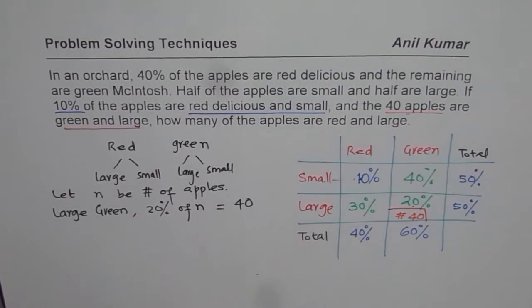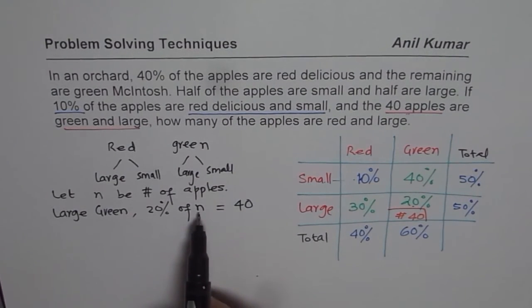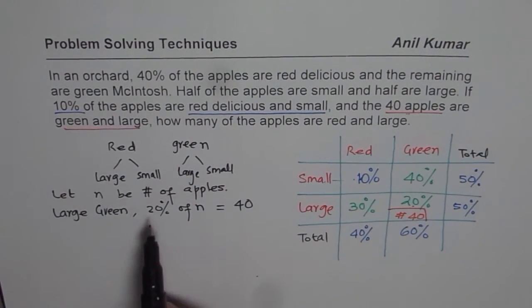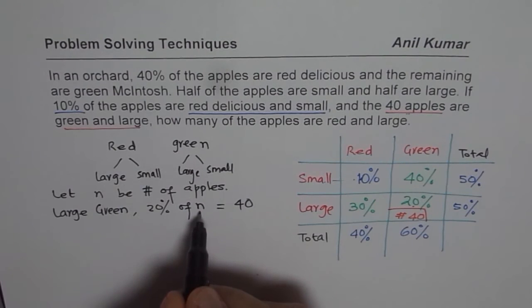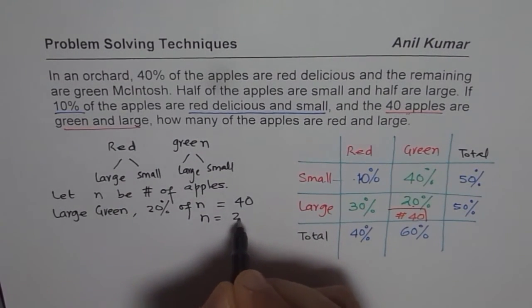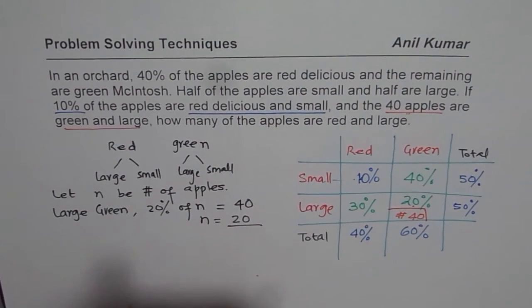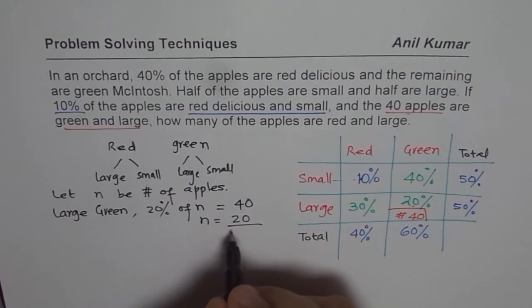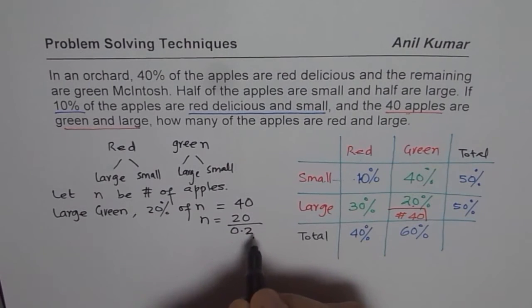So that helps to find what n is, right? 20% is 20 over 100 or 0.2. Right? So from here we can say n is equal to 40 divided by 20%. What is 20%? 20% is 0.2, right?